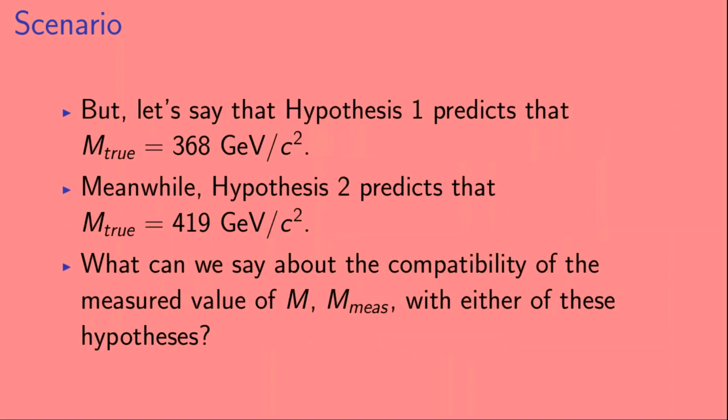But let's say that hypothesis 1 predicts that m true equals 368 GeV/c². And at the same time, hypothesis 2 predicts that m true equals 419 GeV/c². What can we say about the compatibility of the measured value of m measured with either of these hypotheses?